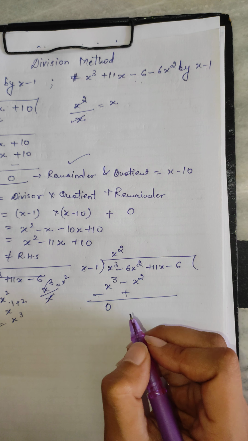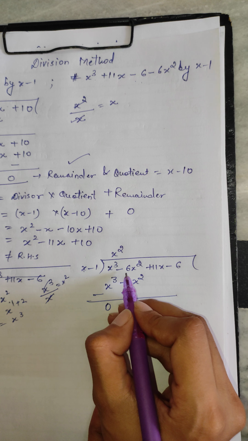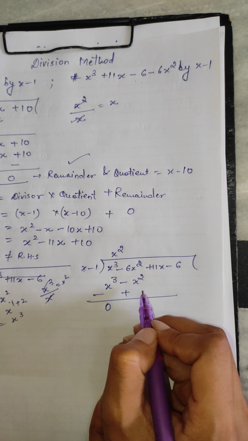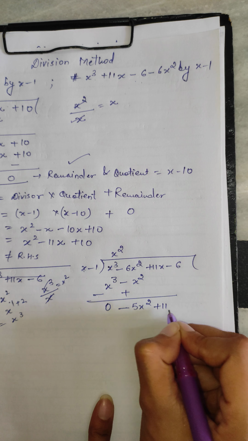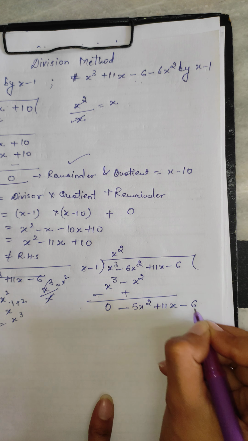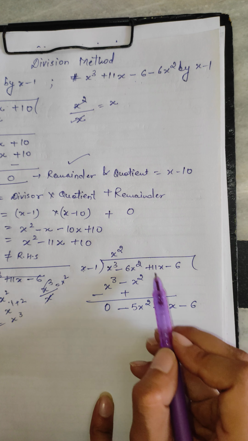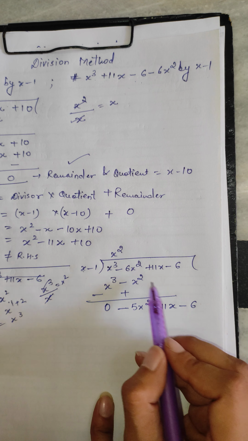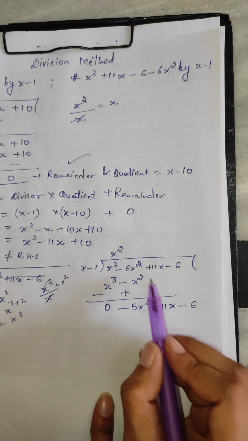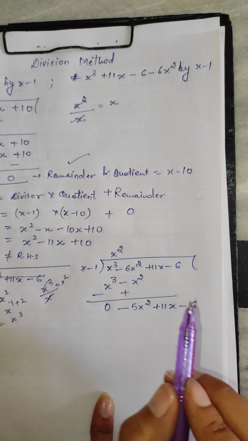Here it becomes 0 times x cube, and here we have to neglect the middle sign, so it becomes minus 6x square plus x square, which is minus 5x square plus 11x minus 6. We will not disturb these other terms; we will write them as they are.